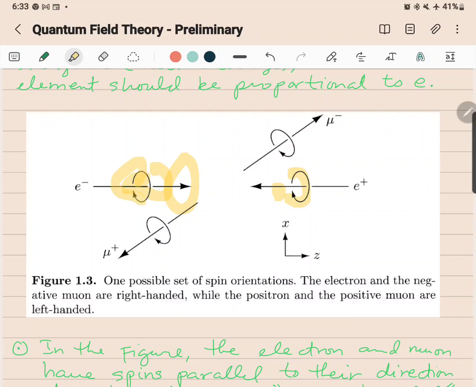So they add up. The 1/2 here adds to the 1/2 here. But if the spin is opposite, of course they add up to 0. So they add up to 1 in that case.